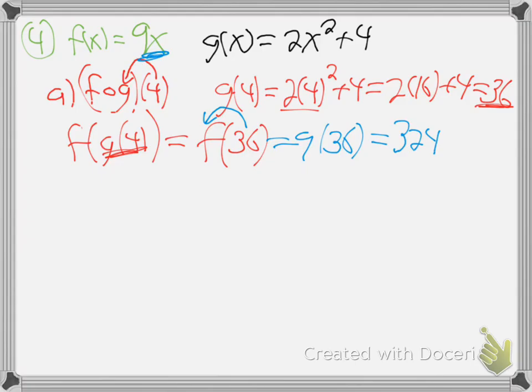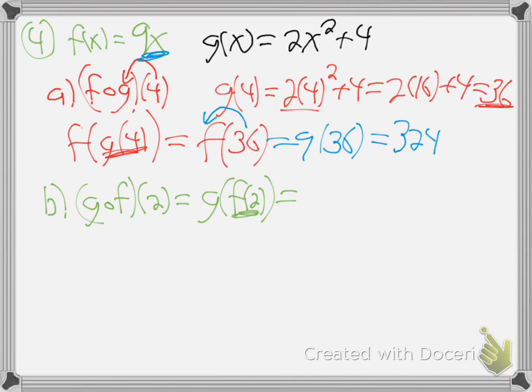g of f of 2. Part B, g of f of 2. So that means g of f of 2, like that, right? And what is f of 2? Well, putting 2 into the f function, you get 9 times 2. That's g of 18.